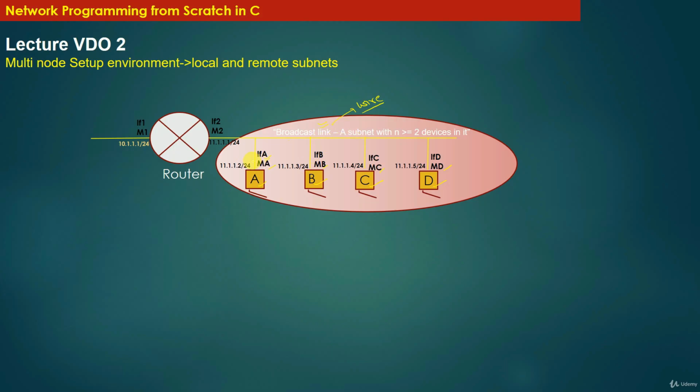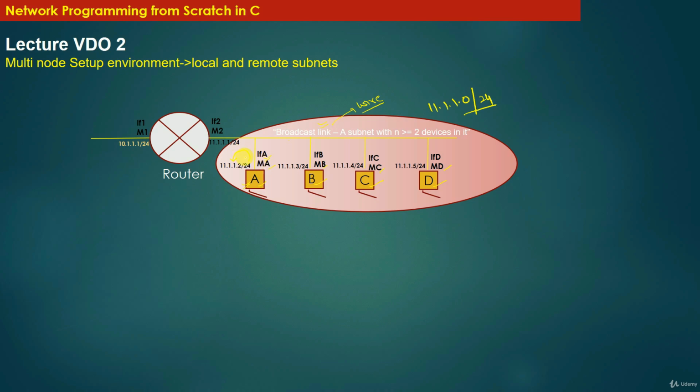To calculate the network ID of this broadcast link, just pick any machine connected to this broadcast link and apply the mask value to the IP address of the interface through which the machine is connected. So let us pick machine A. Machine A is assigned the IP address 11.1.1.2/24. Just apply the mask value 24 on this IP address, you will get the subnet ID. The subnet ID is 11.1.1.0/24.